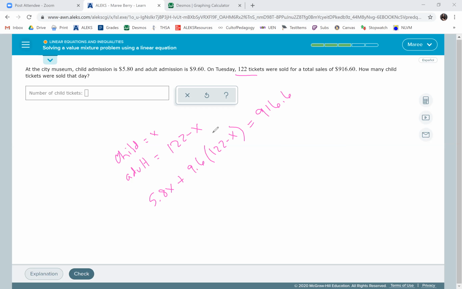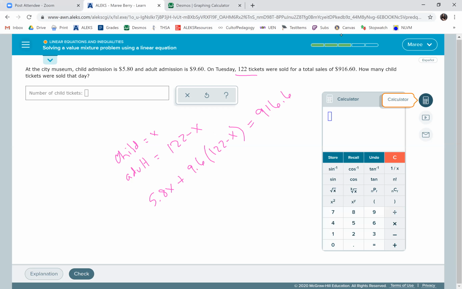So then when we do the distributive property, I need to do 122 times $9.60, which is 1171.2, minus 9.6x. Okay, so then I have to combine like terms.